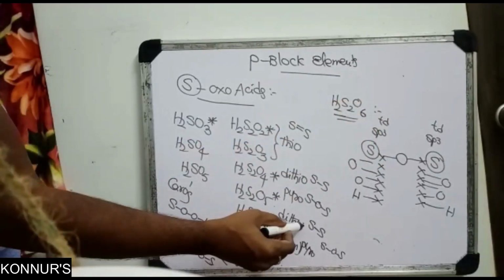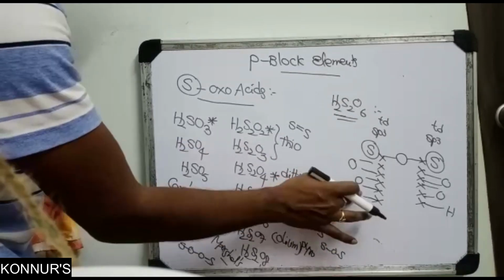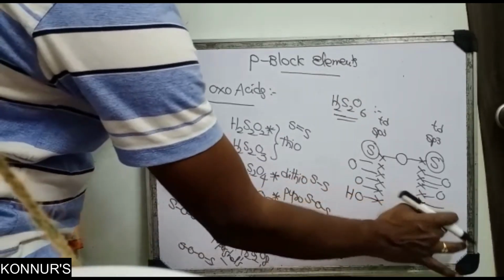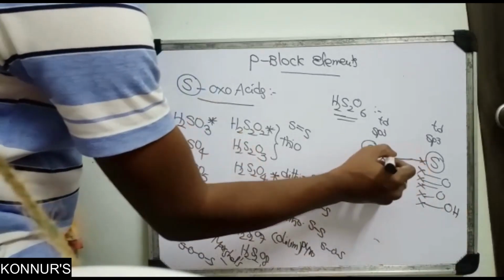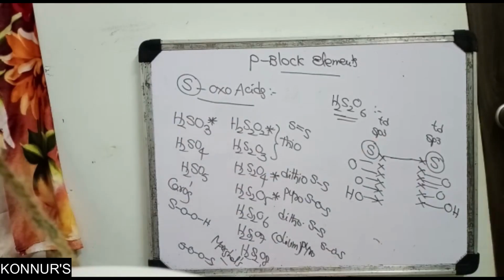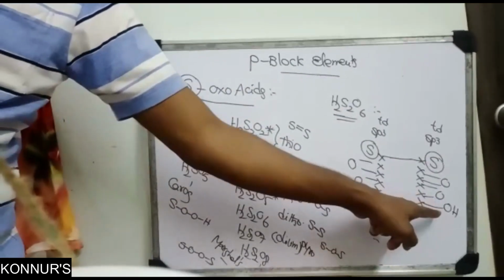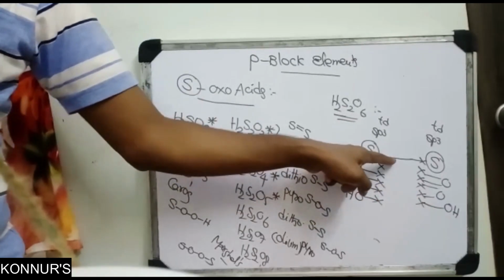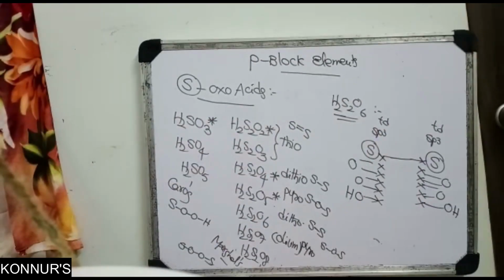This is dithionic acid. Ic means no hydrogen directly connected to the center. This is a straight bond. H2S2O6, two OHs are there, so that's why it is a dibasic acid. One sigma, second sigma, third sigma, fourth sigma, sp3 tetrahedral. Same for that structure also.